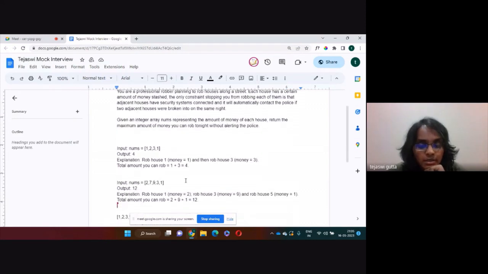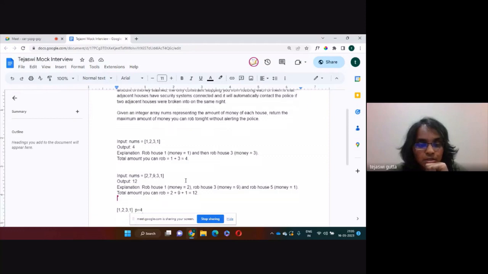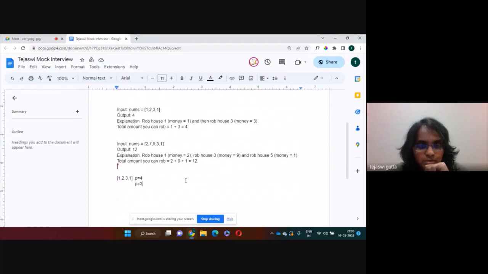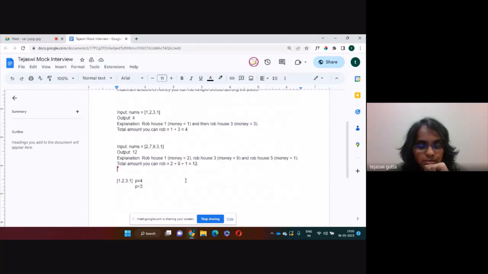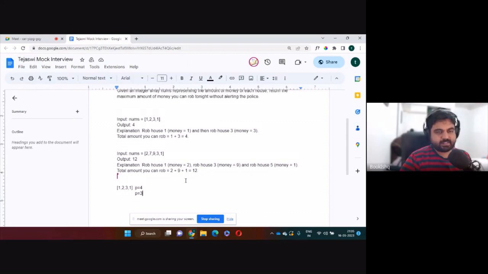So for this, I think I can use recursion. And what would be the base case for the recursion? What would be the recurrence relation? And what would be the logic?